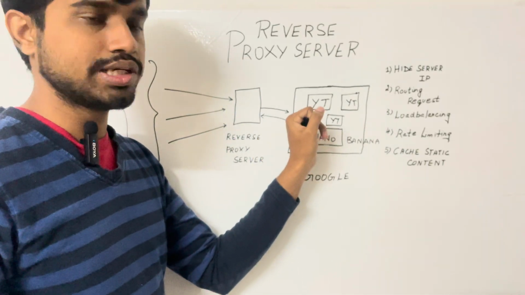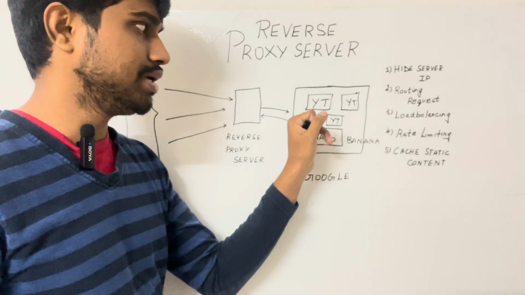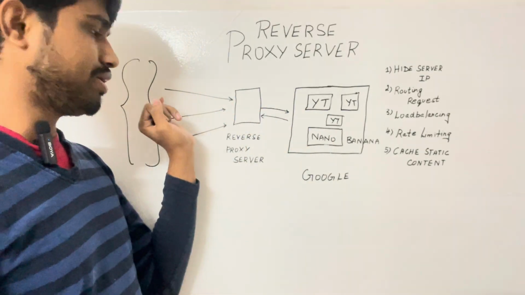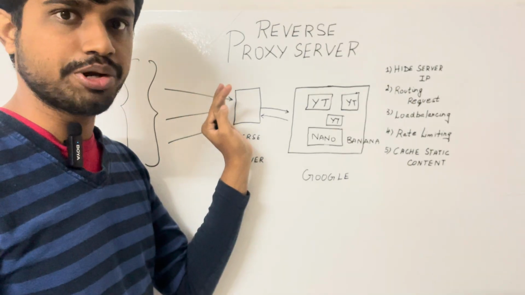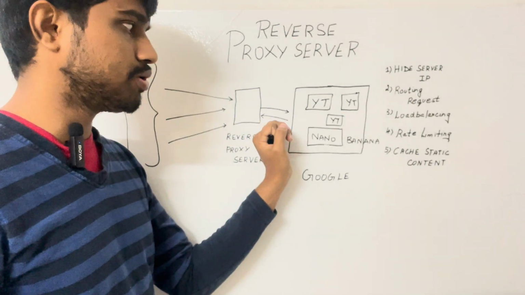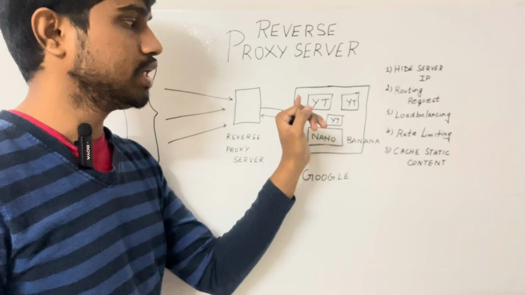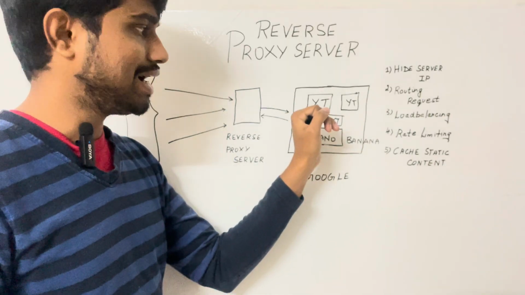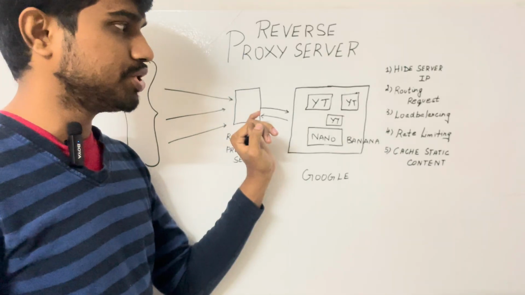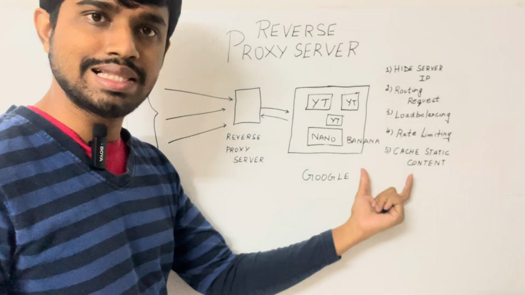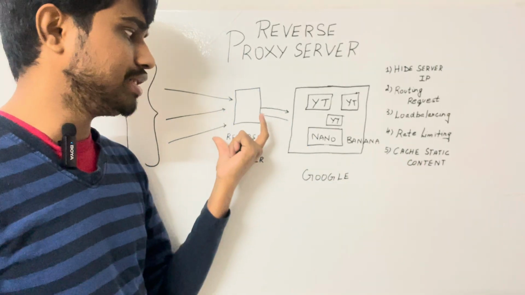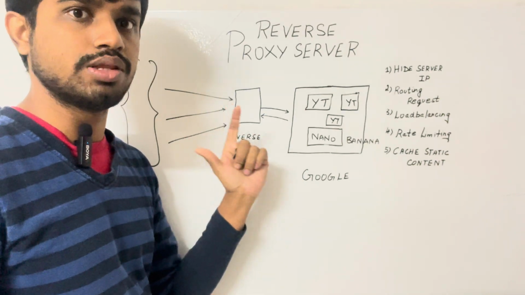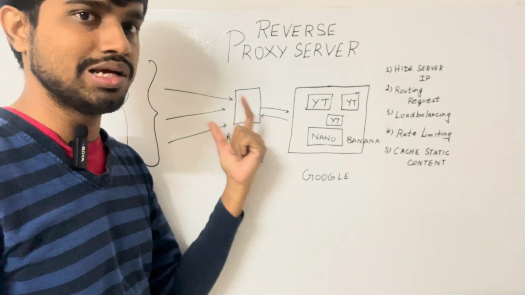This is, say for example, some video got trending in YouTube, and instead of asking every time, whenever say millions of users are going to ask it, every time the reverse proxy has to find one of the services that is handling that, and then it needs to send it back. So instead what they will do is they take that trending video and put it in this server itself, so that these calls are reduced for the millions of users or millions of times.